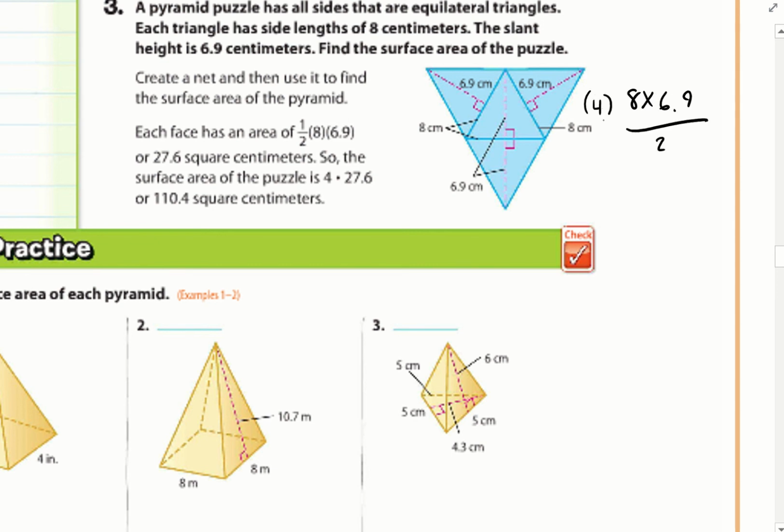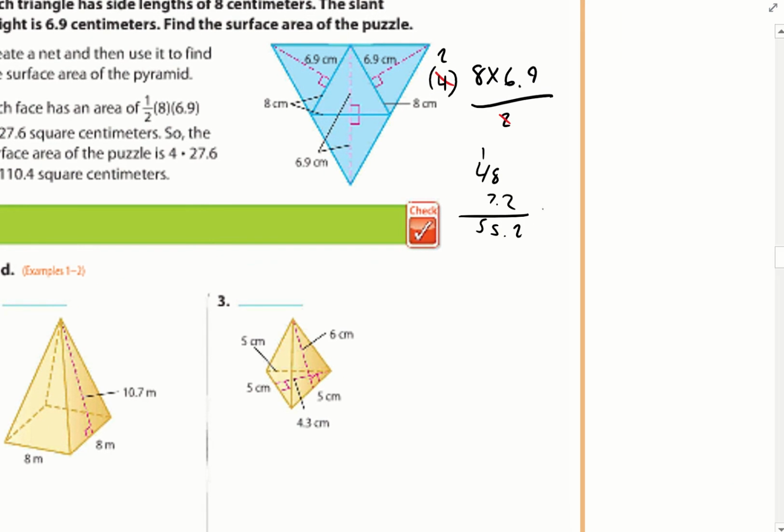You won't get a lot of them where all 4 are the same size, but in this case we do. 8 times 6 is 48, 8 times 9 is 72, so it says 55 2/10. Times 2 for the other side, we get 110 4/10 centimeters squared.